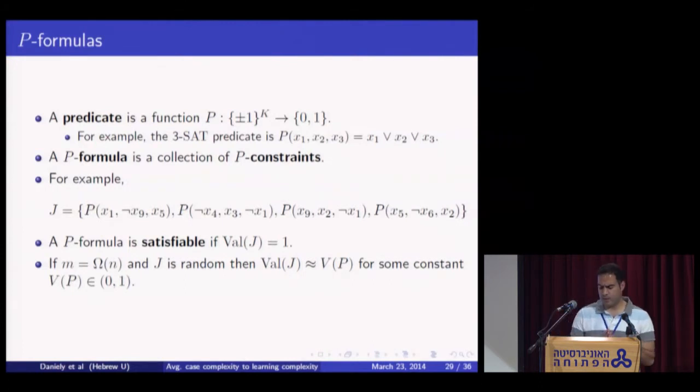And the last fact we will need is the following. For every predicate P, there is a constant, which I call V(P), that depends only on P, such that if the formula J is random and has a superlinear number of constraints, then its value is approximately this value with high probability.